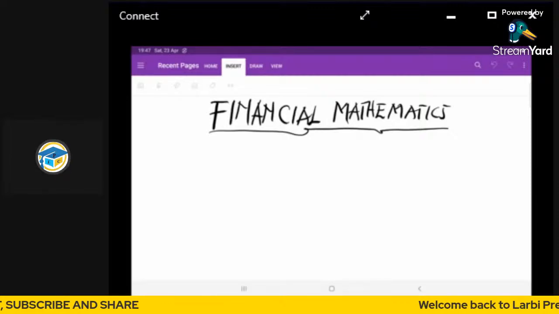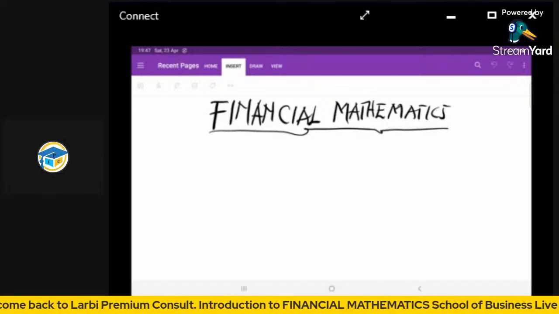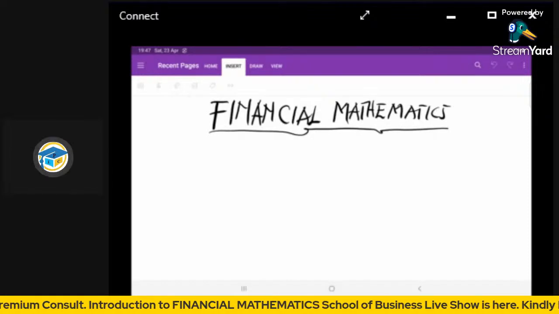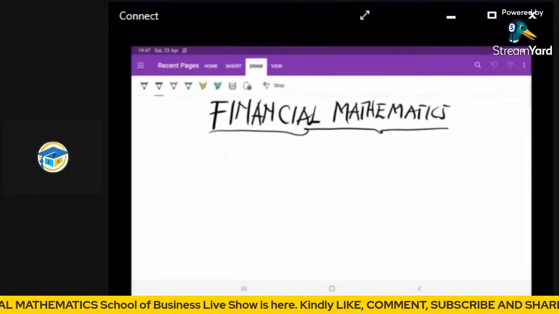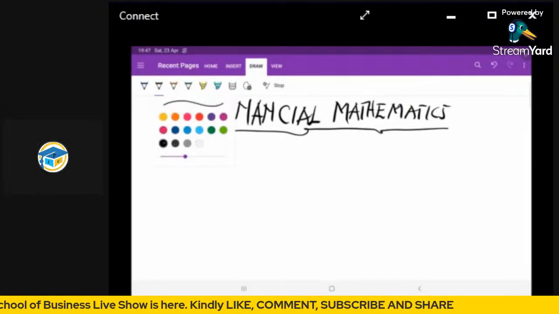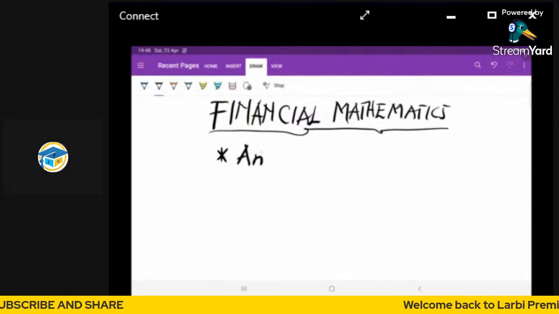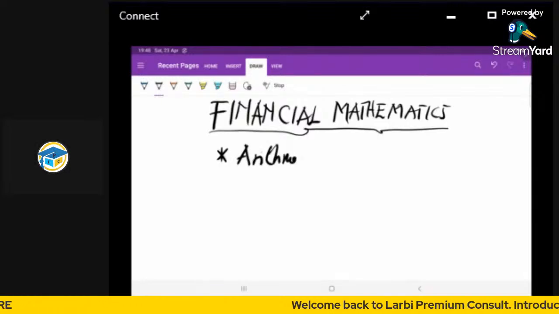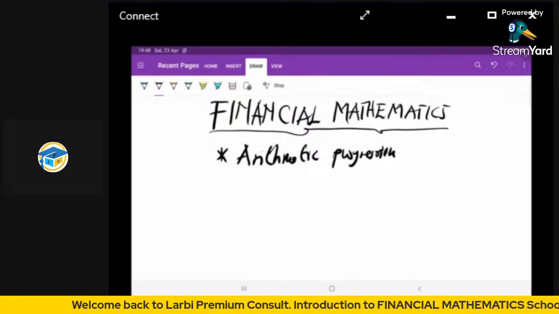So these are the things we're going to look at. This is section one. First of all, we're going to look at arithmetic progression as one issue.